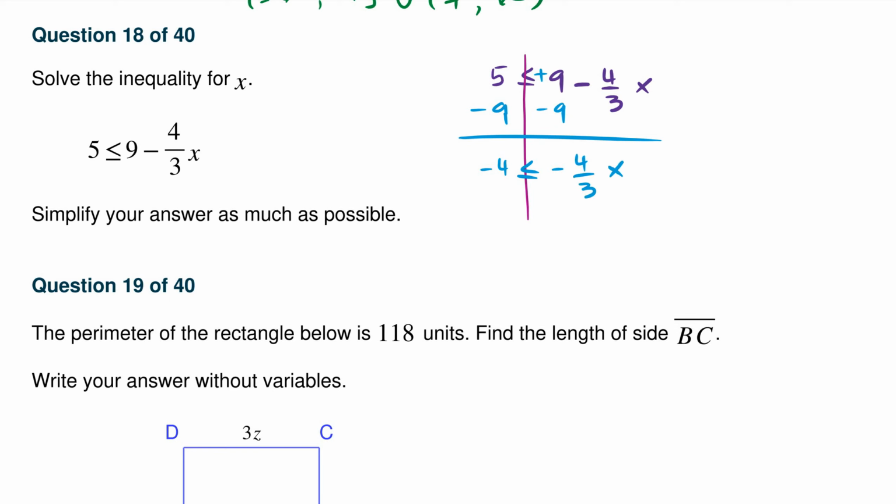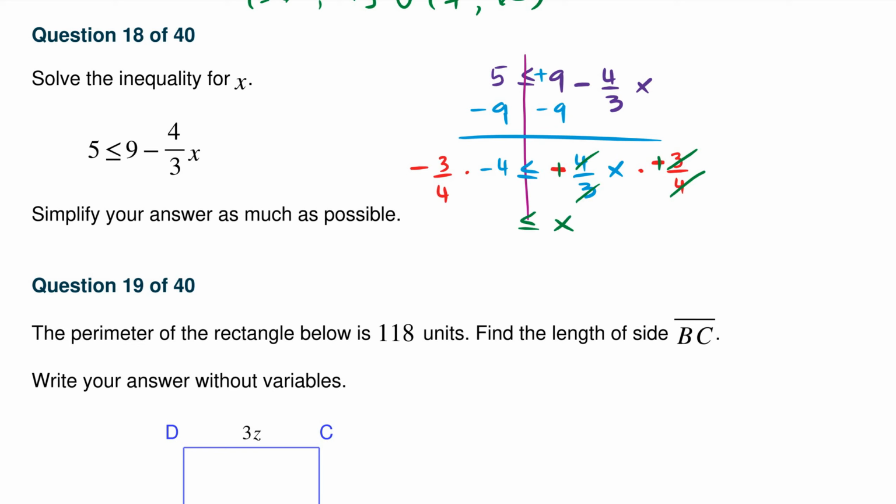To get rid of the fraction, you multiply by the reciprocal. So that will be 3 over 4 on both sides. Since it's negative 4 over 3, we multiply by negative 3 over 4 on both sides. So 3 and 3 cancel each other out, 4 and 4 cancel each other out, and negative times negative turns into positive.